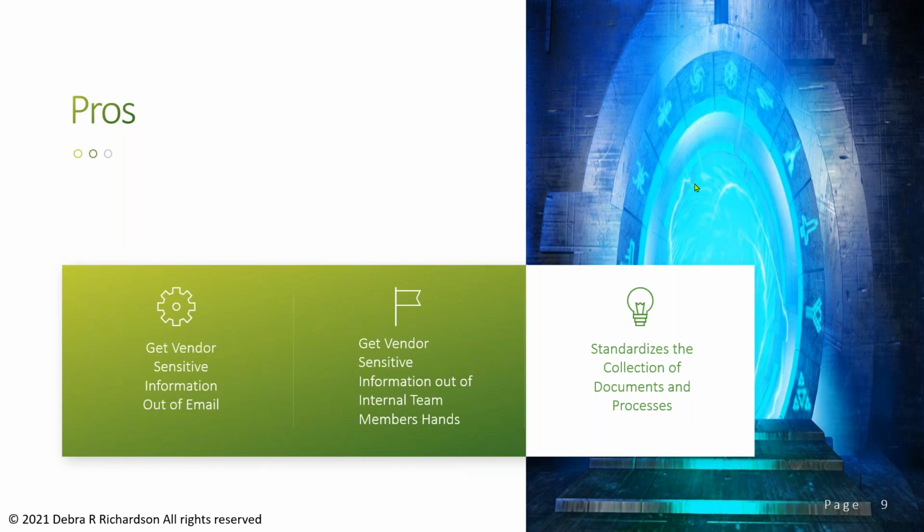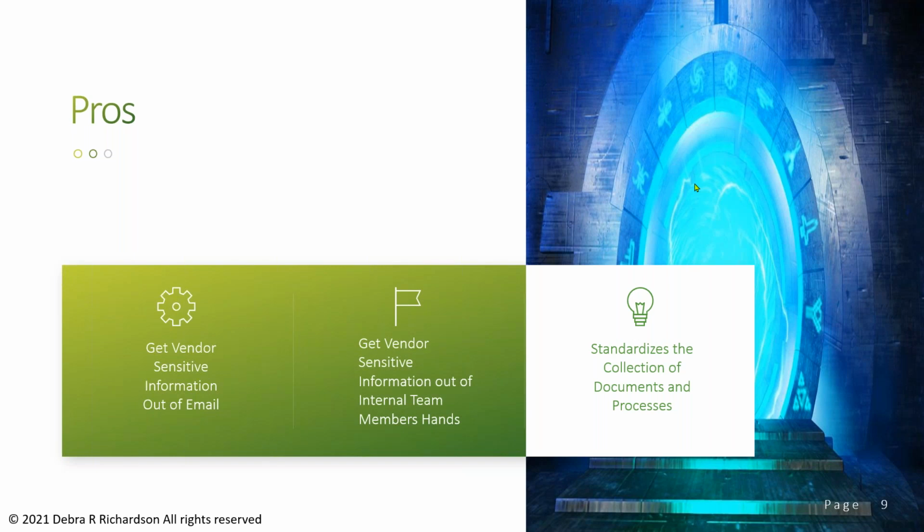Now, the other pro, which has really made a big difference when I implemented the portal, was that it standardized the collection process. So if, like me, you have multiple accounting systems or ERPs, then you know that you can have different requirements or even different methods to submit a vendor request or even create a vendor.